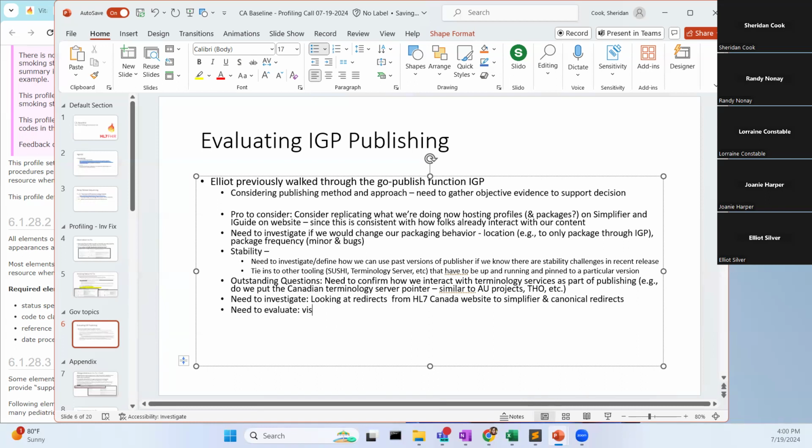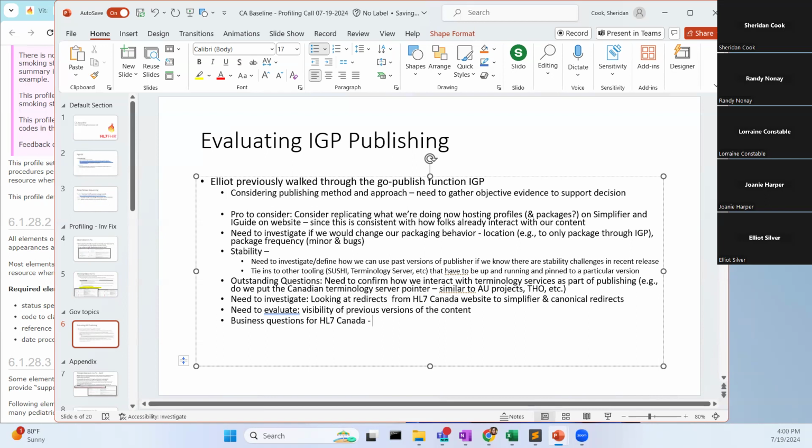I think there are also some questions on the business side of things: does HL7 Canada want to be dependent on Infoway's funding of Simplifier?